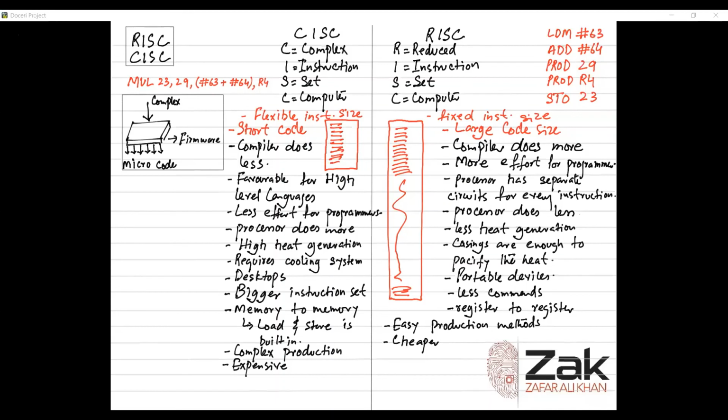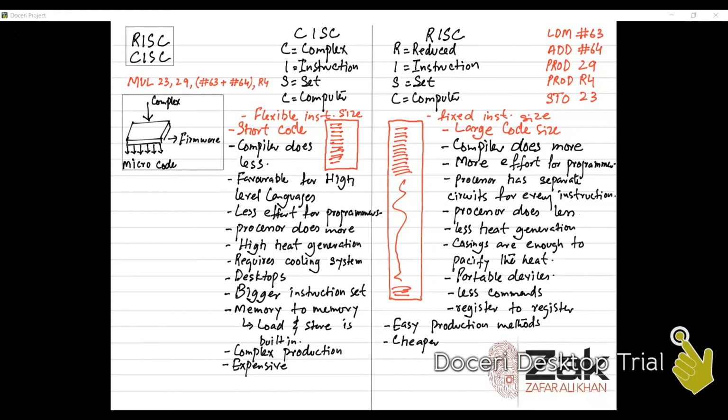In RISC, there is no control unit, and there is one separate circuit for every instruction. Whereas in CISC, there is a control unit, and that is responsible for the execution of the instructions. So all instructions are being executed by the control unit through its circuitry and all, but in RISC there is a separate circuit for every instruction.